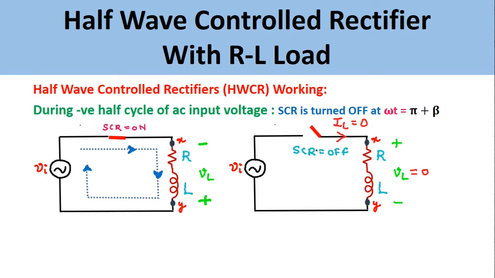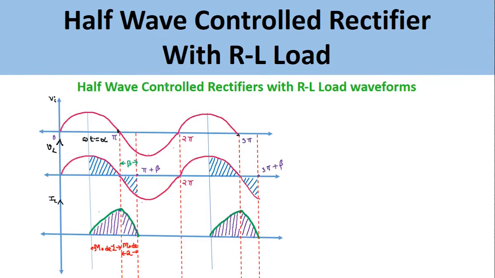So this SCR will act as an open circuit, and in this condition the load current becomes 0 and the voltage across this load will also become 0. Now we will study the working of the half wave controlled rectifier with RL load using waveforms. So this is our AC input signal, which is represented by Vi.